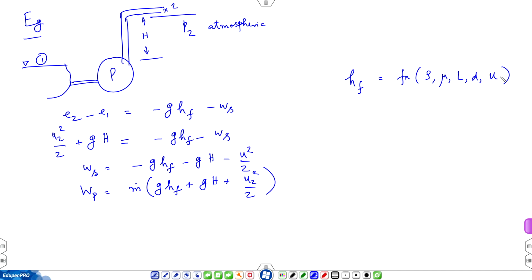So, it is a function of many quantities. It depends on whether you are working with water or sea water or air or oil. Now, here I have assumed that the geometry is a tube of length L and diameter d. So, this is for a tube.